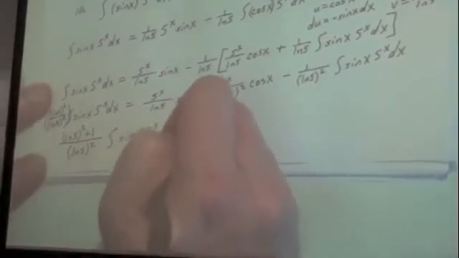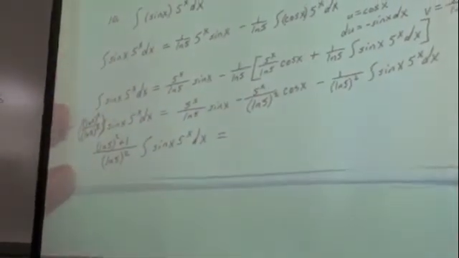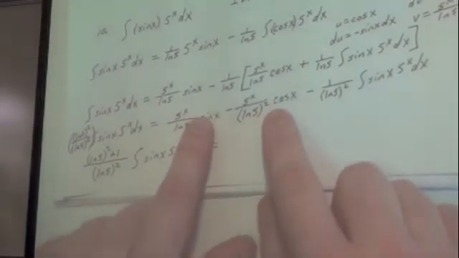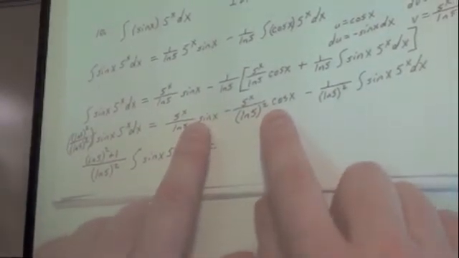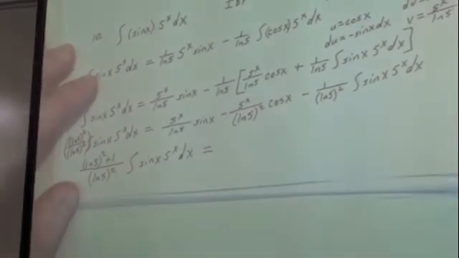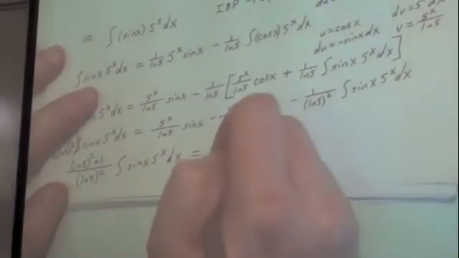I'm liking this problem. That's equal to, I only have these two terms on the right-hand side now. I'm going to go ahead and factor the 5 to the x over natural log of 5 squared out.